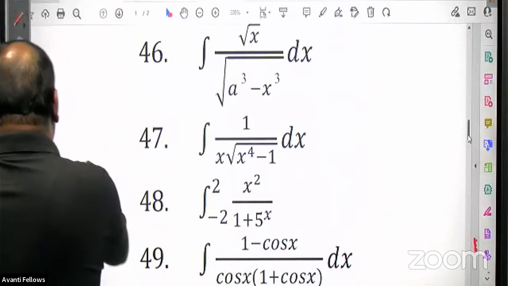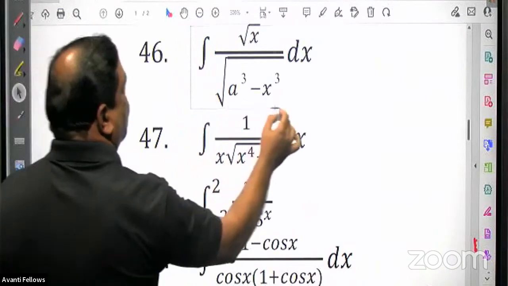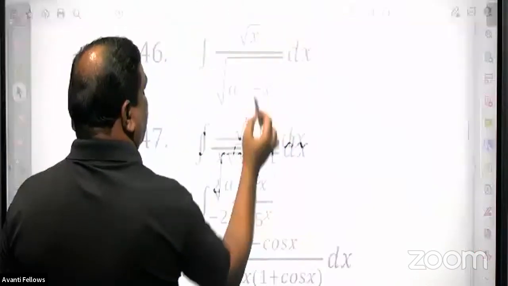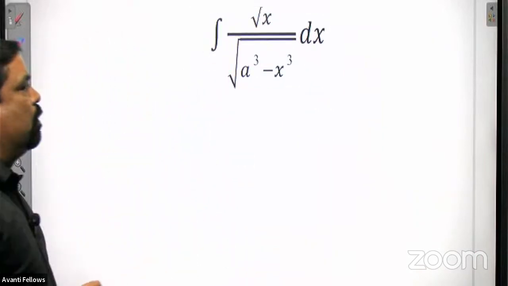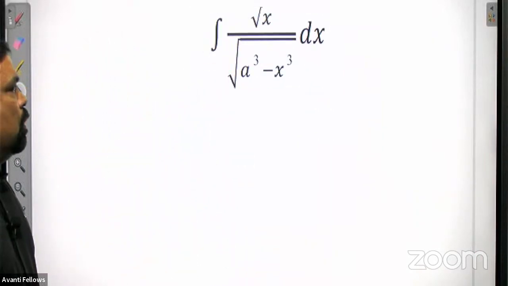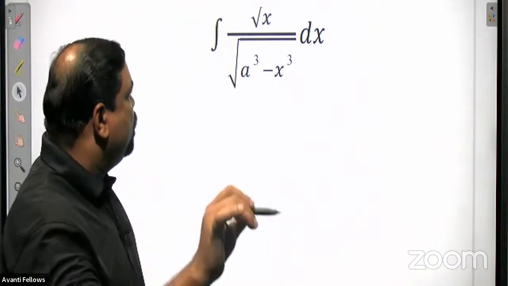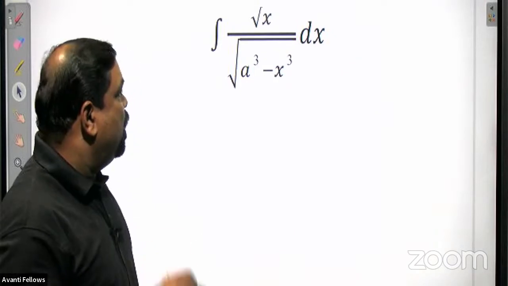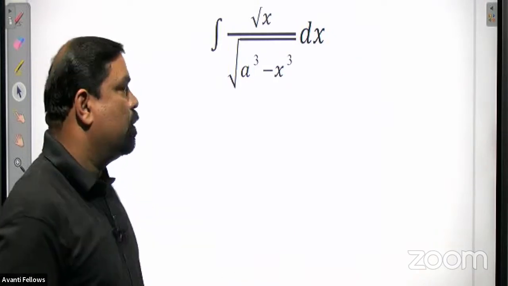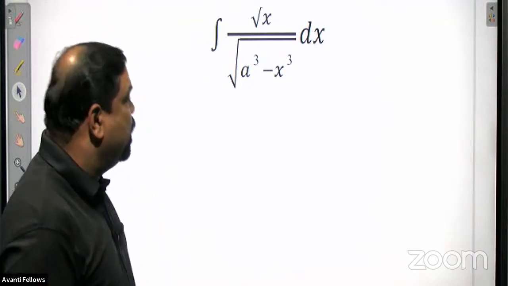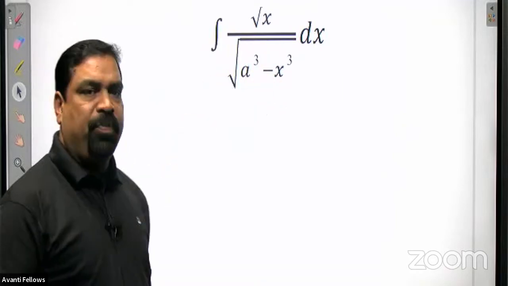Okay, now let's take another question. Integral of root x upon root of a cube minus x cube, dx. Root x divided by root of a cube minus x cube, dx.